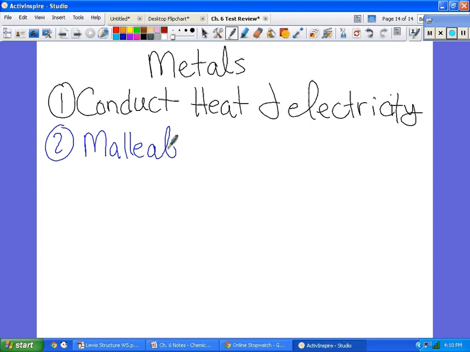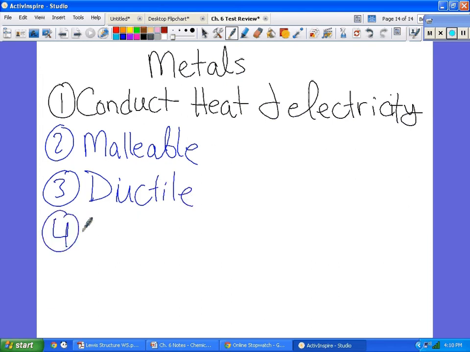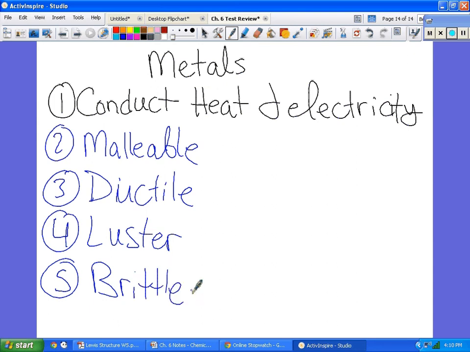Malleable. Ductile. Luster. So the biggest one there is they conduct heat and electricity very well. What does malleable mean? It's able to be beaten into a thin sheet. Ductile: wires, thin wire.